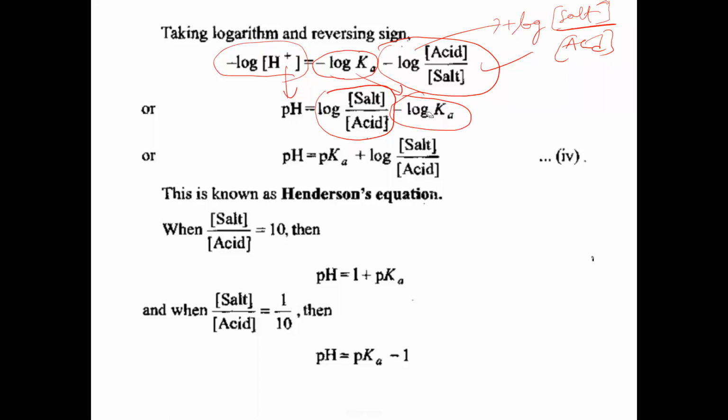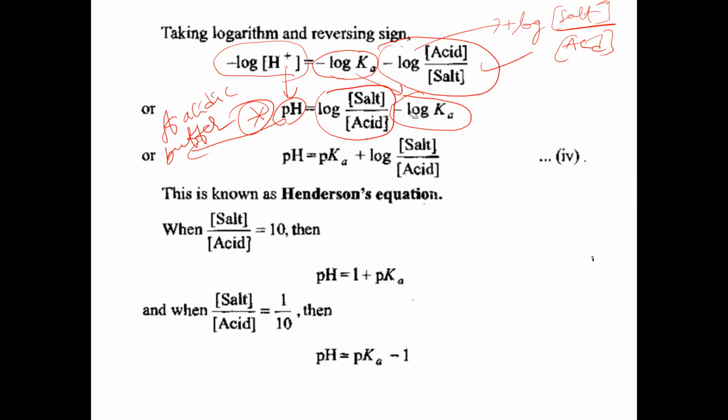Here minus log Ka is left like that. So this equation is also important to remember. Write this equation once. pH of acidic buffer is equal to log salt by acid concentration minus log Ka.